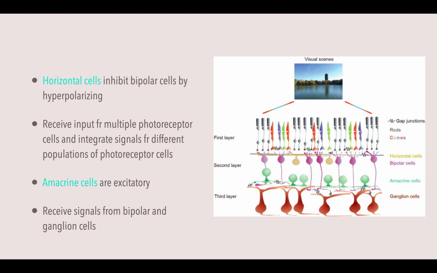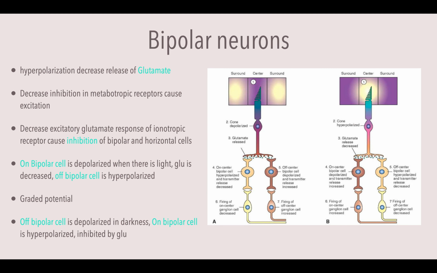So why is this important? What is the graded potential, right? This allows you to see light in all directions. So in this particular case, the center is going to be predominantly the OFF bipolar cells, right? There's not going to be any light.